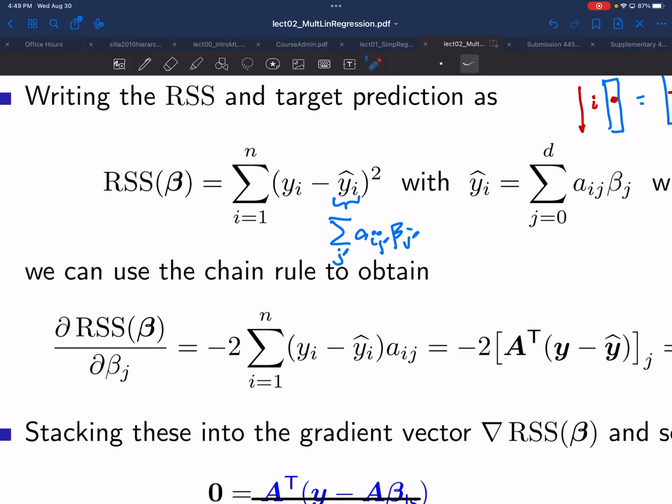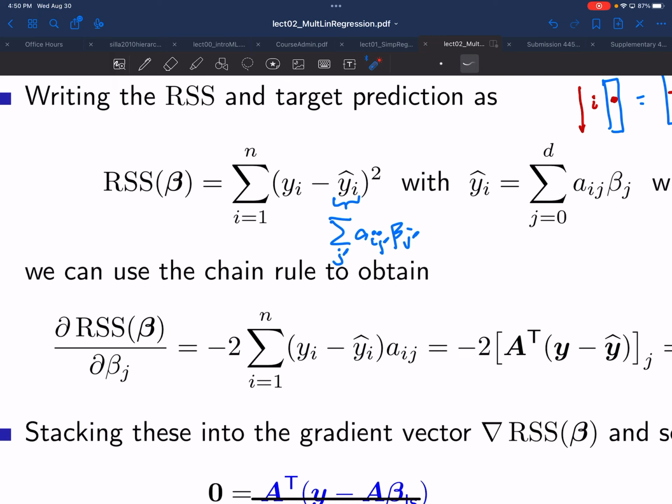I cannot redefine j by expanding this into a sum involving j, because that j clashes with the j that's already been defined. You can't use the same variable to mean two different things. So I can use any variable I want as long as it's not i and j. I'm going to use j prime to say it's like j, but just a different j. I could have used k or something else, but I just used j prime.